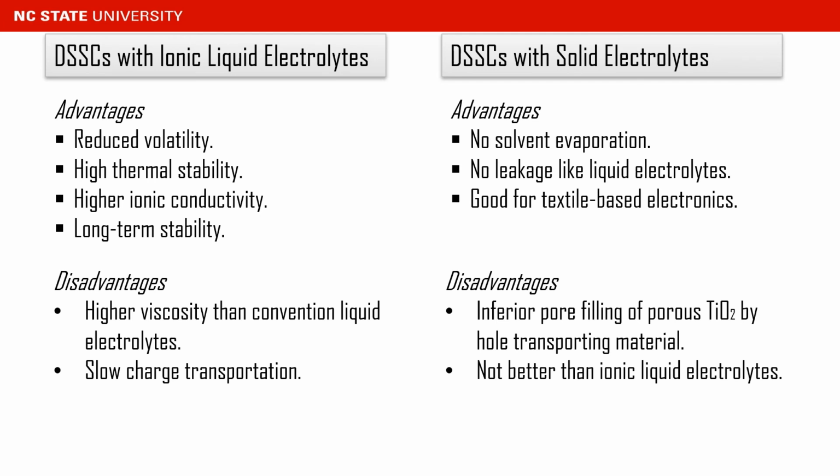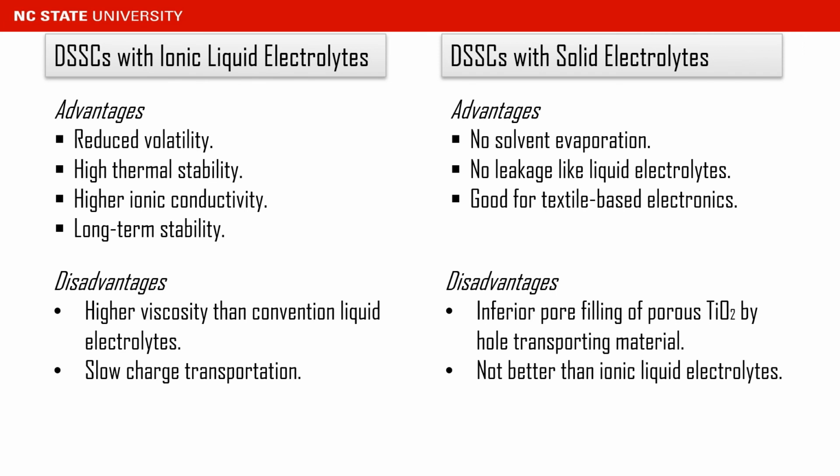Dye-sensitized solar cells with ionic liquid electrolytes have several advantages: reduced volatility, high thermal stability, higher ionic conductivity, and long-term stability. The problem with ionic liquid electrolyte based dye-sensitized solar cells is higher viscosity than conventional liquid electrolytes. That's why it has slow charge transportation.